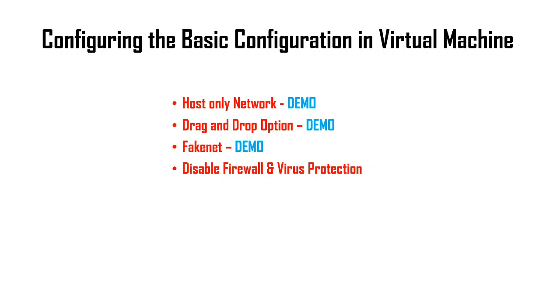If I am having my OS in my original laptop or desktop, then that OS is called the host OS. So if any malware executes in the virtual machine, I mean in the guest OS, it may enter into the host OS also, into my main system also. So for avoiding that, I have to configure my virtual machine with host only network, right? Host only network. In a short while, we are going to see a demo of how to configure this host only network.